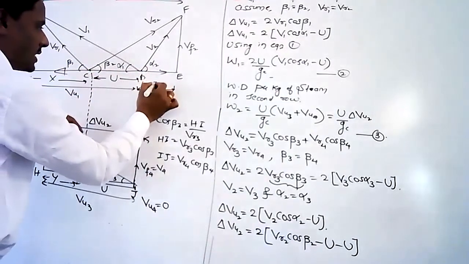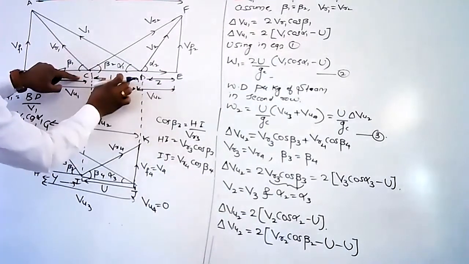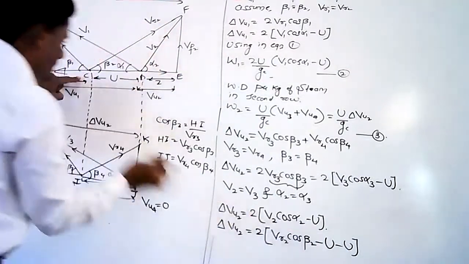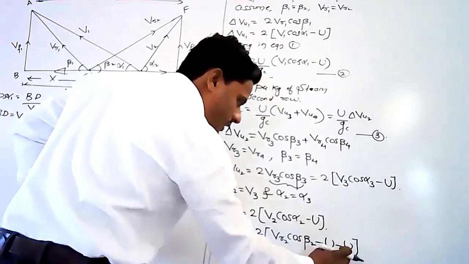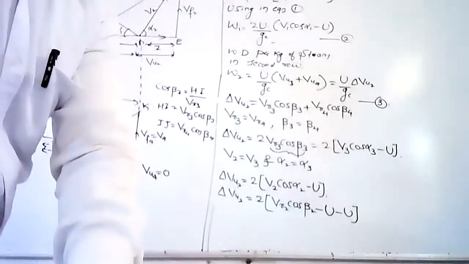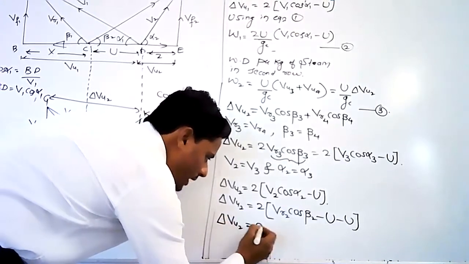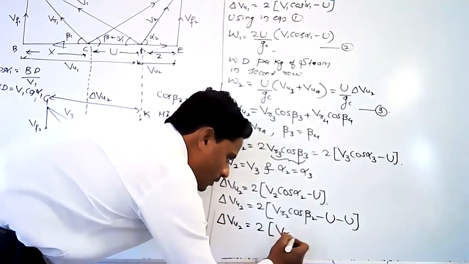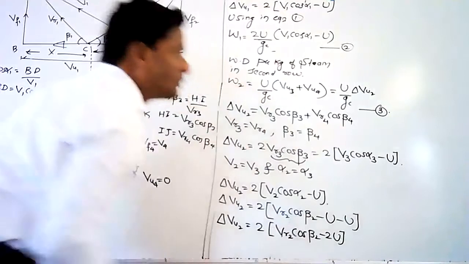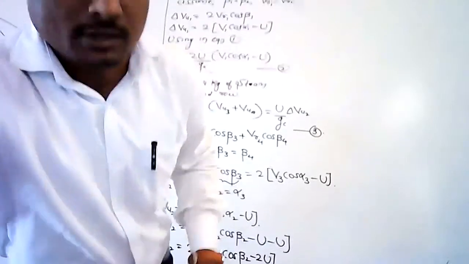Let me take it as Z. This Z can be written as CE minus U, where CE is VR2 cos beta 2 minus U as it is. Finally, the last step: delta VU2 equals 2 times VR2 cos beta 2 minus 2U as it is. Is that clear, all of you?